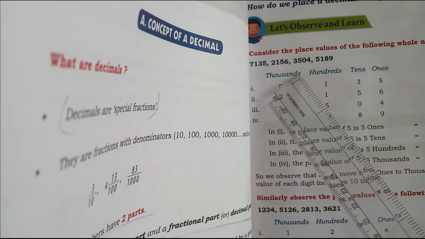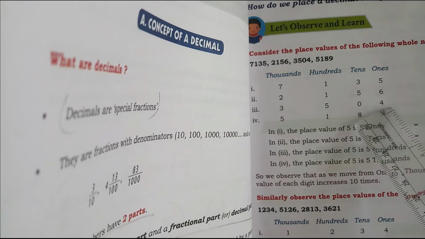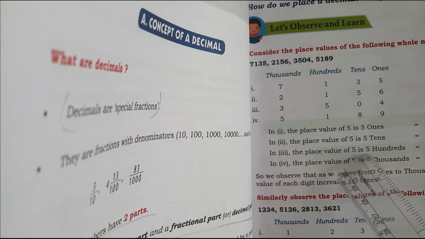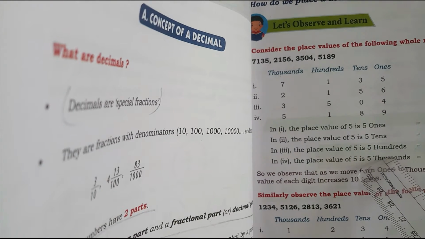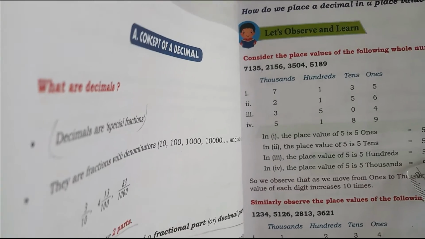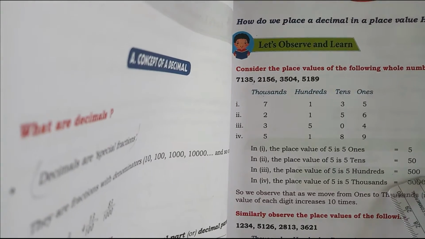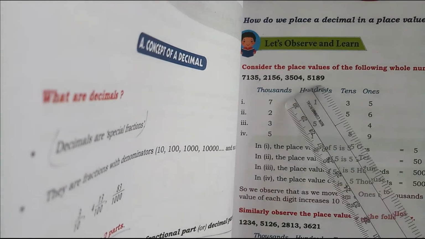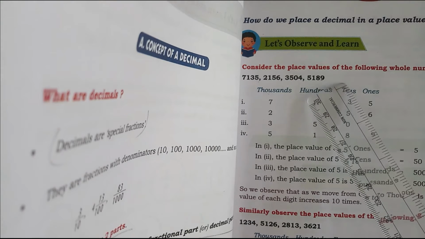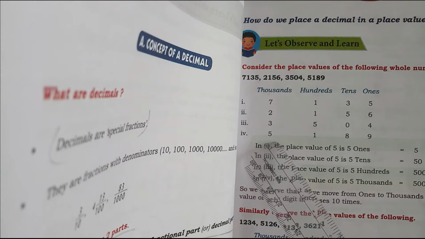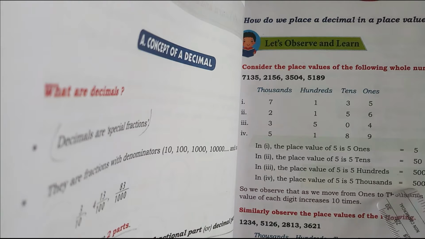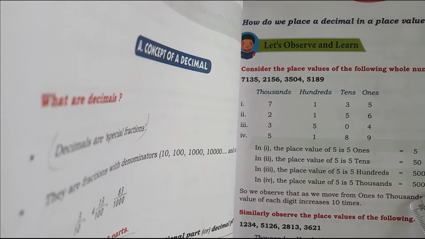In the third number, 3504, the place value of 5 is 5 hundreds, that is equal to 500. In the fourth number, 5189, the place value of 5 is 5 thousands, that is equal to 5000.